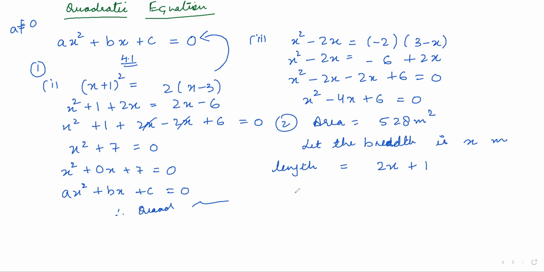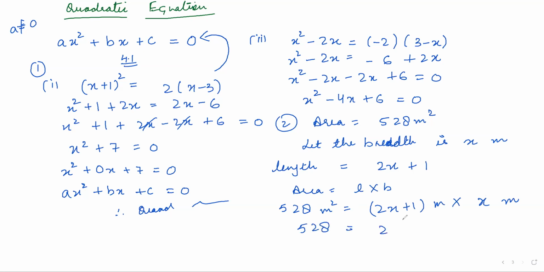Now you know that area is equal to length into breadth. So area is given, that is 528 meters square is equal to 2x plus 1 meter into x meter. So ultimately meter square will get cancelled out from both the sides. So you get 528 is equal to, now you multiply this x. So 2x square and plus x, correct?